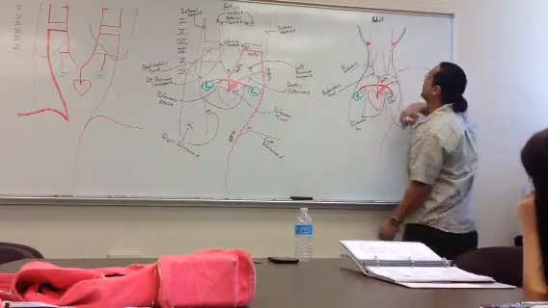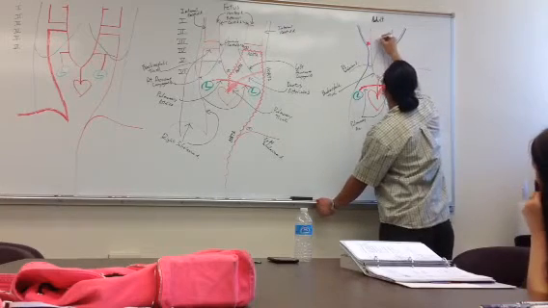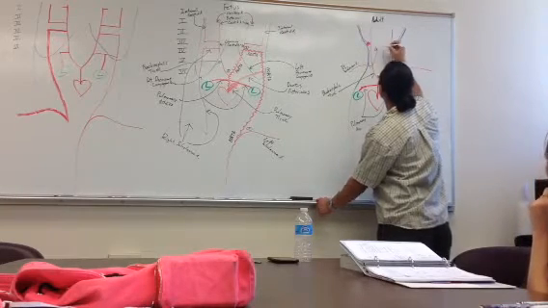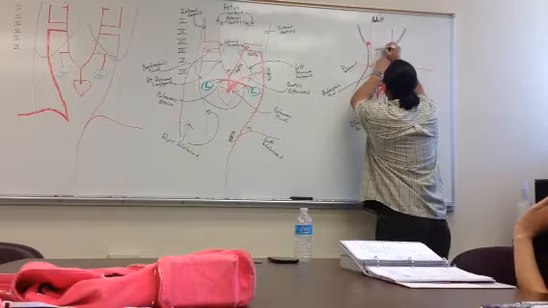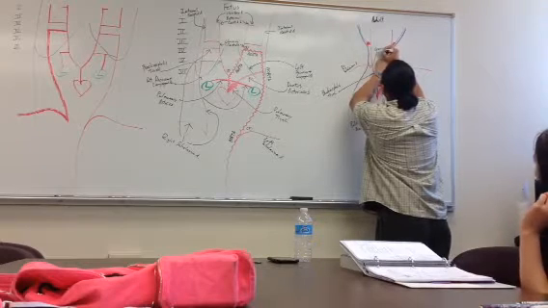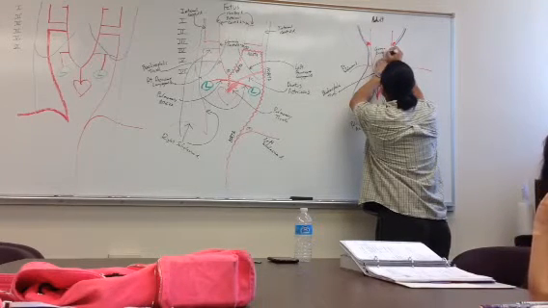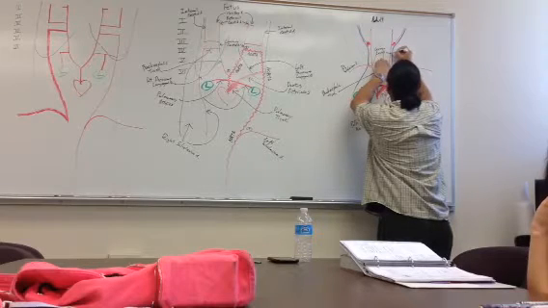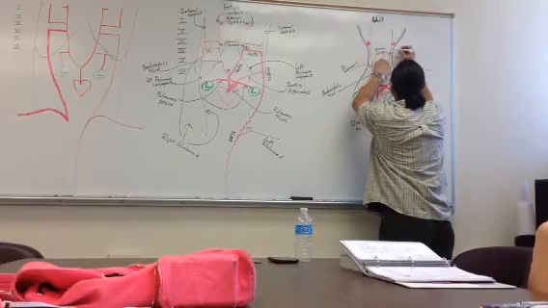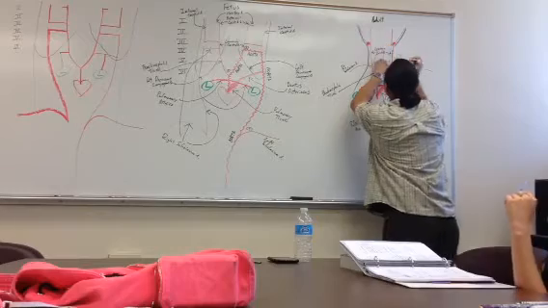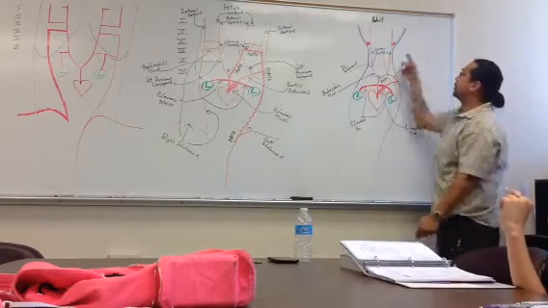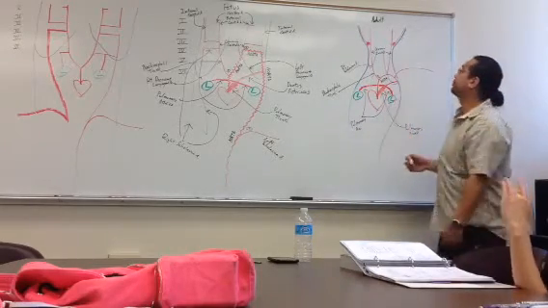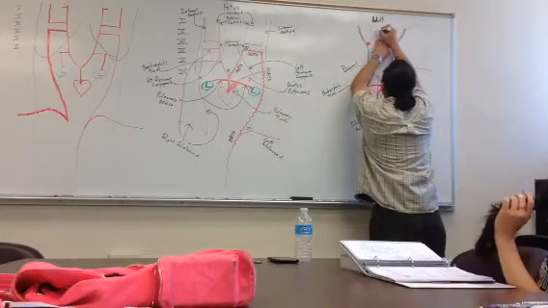The right common carotid. So this one, I'm just going to write common carotid. And then point to that, common carotids. And then what do the common carotids branch into? The external and internal carotid.